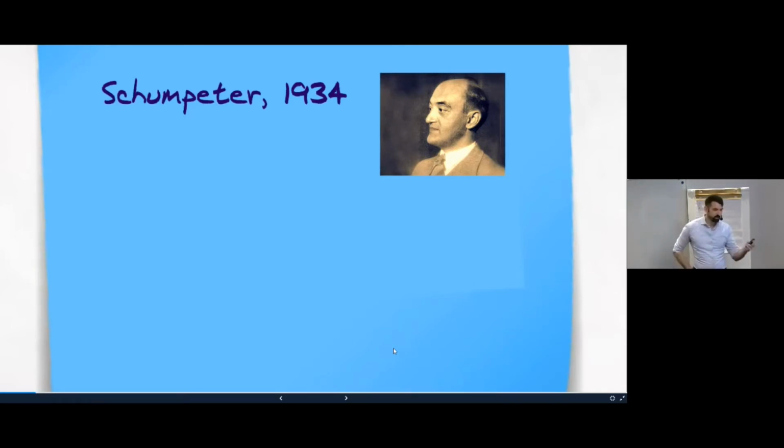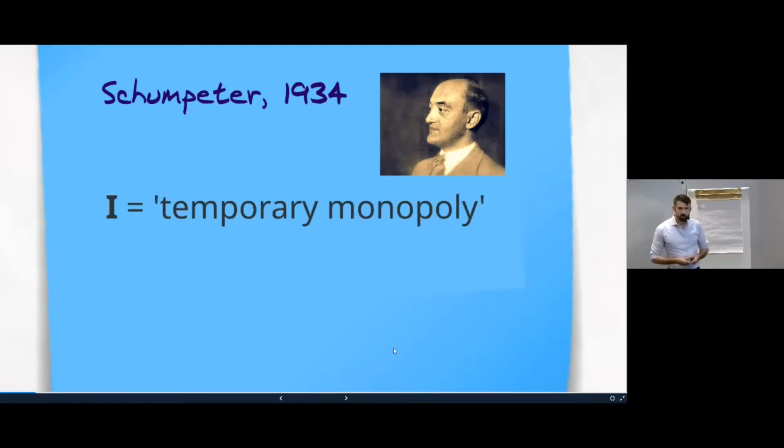This is the man who coined the word innovation, in the 30s. He said that innovation enables companies to create so-called temporary monopolies. And what he meant is that it costs money to invent something, to research something.